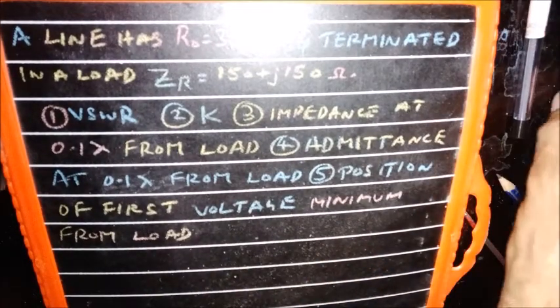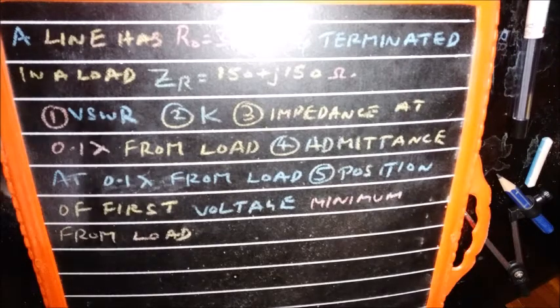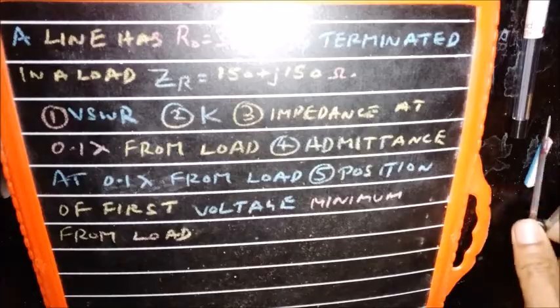So this is our problem statement, and we have to solve this obviously using the Smith chart. So let's attempt a solution using the Smith chart. Okay, so the first step is to normalize. We are given ZR as 150 plus J150.